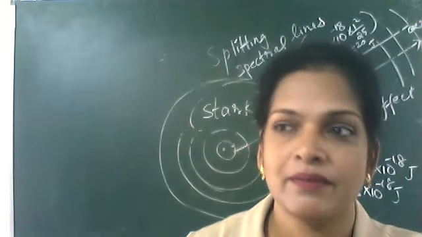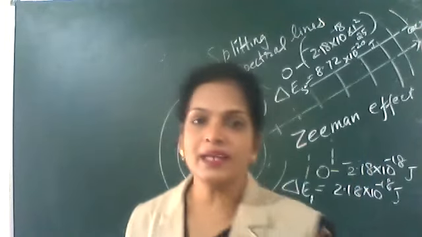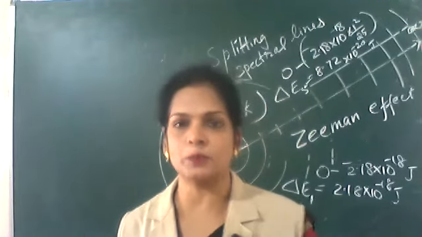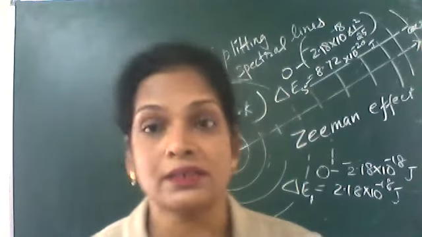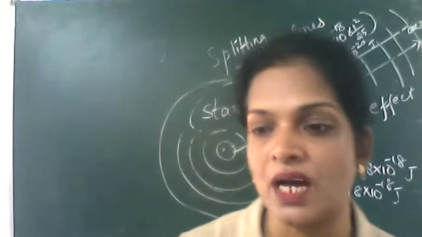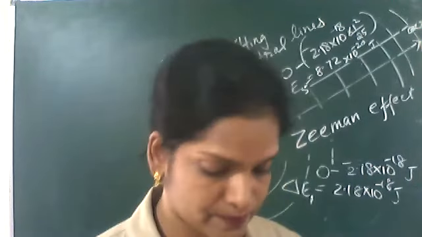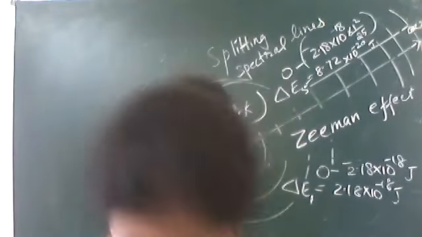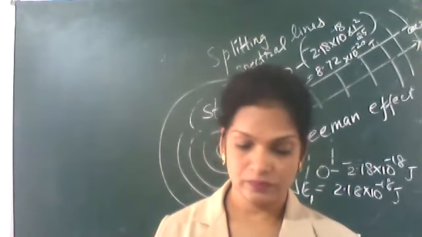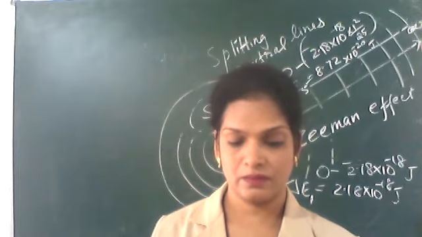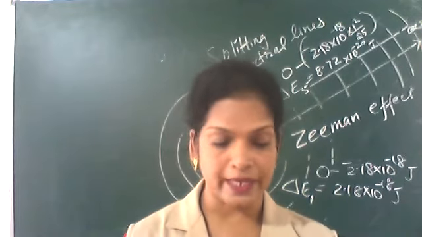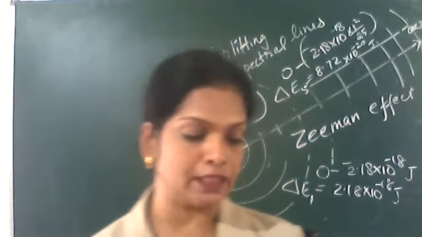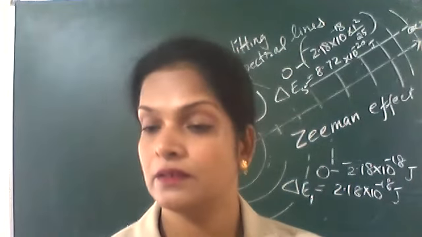When you apply a magnetic field, each line is split into several lines. The splitting of spectral lines in magnetic field is called Zeeman effect. What is Stark effect? Splitting of spectral lines in electric field. Correct. Splitting of spectral lines in electric field is called Stark effect.